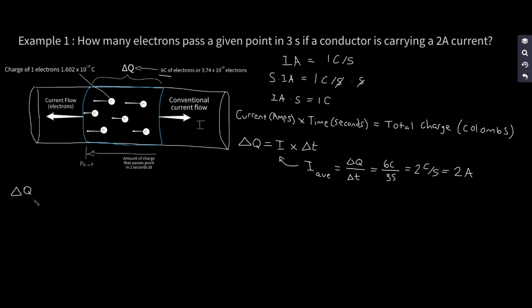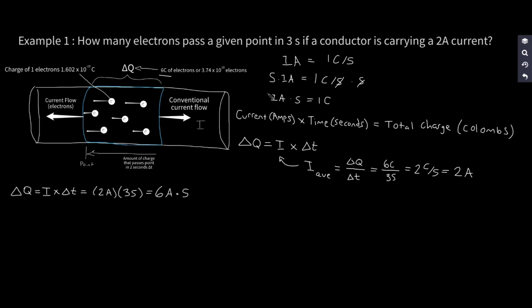Now delta Q equals the current times the change in time, equals, well, the average current, which is 2 amperes, times the change in time delta T, which we know is 3 seconds, equals 6 amperes times seconds.